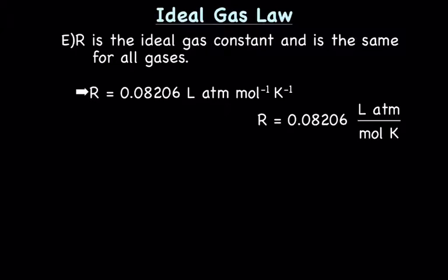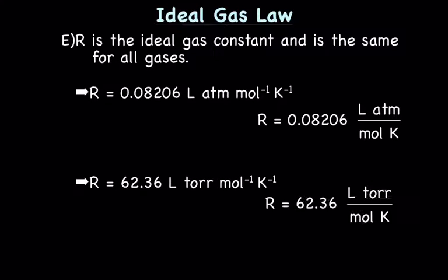R equals 0.08206 liters atm, over mole K. Okay. R can also be 62.36 liters torr, mole to the negative 1, K to the negative 1, or R equals 62.36 liters torr, over mole K.